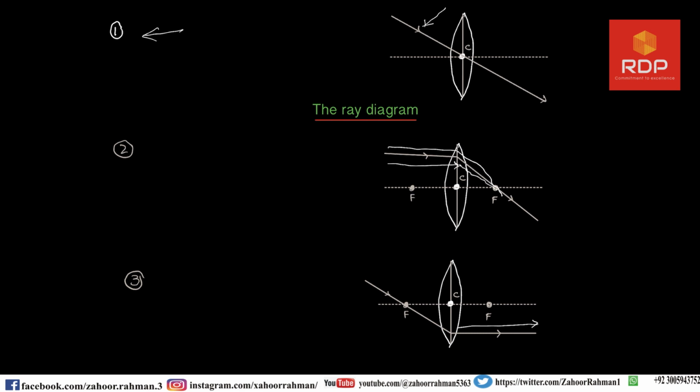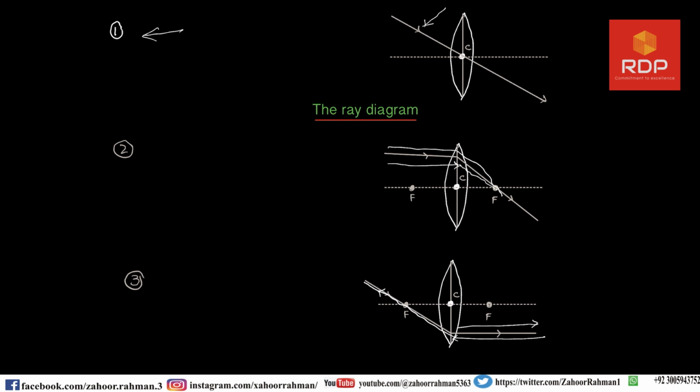But let us do it in this way as well. If I am going from this, it will go out from this lens. So incoming or outgoing rays must be considered. These are the three steps you have to follow to make a ray diagram.